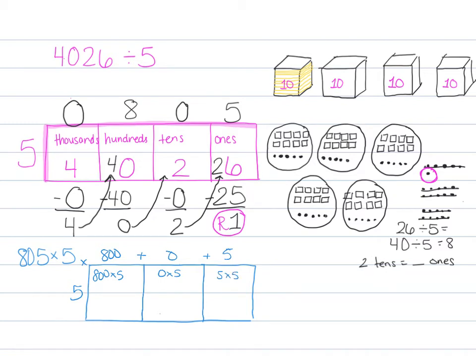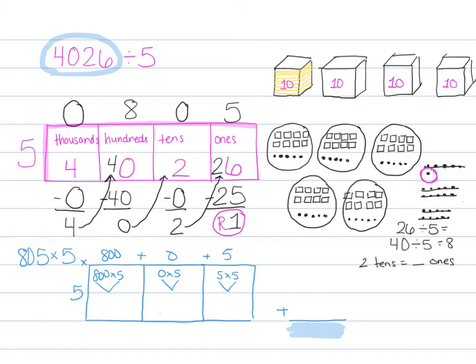Go ahead and multiply each of those and then add them up. If you get as your answer what we started with, 4,026, that is awesome. That means that all of your math was correct in your division.